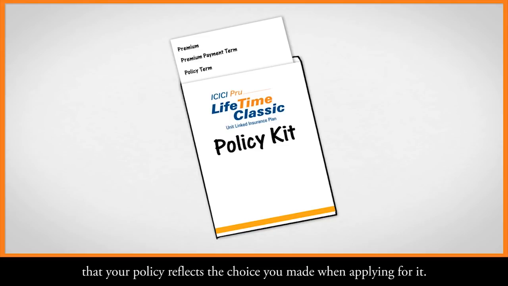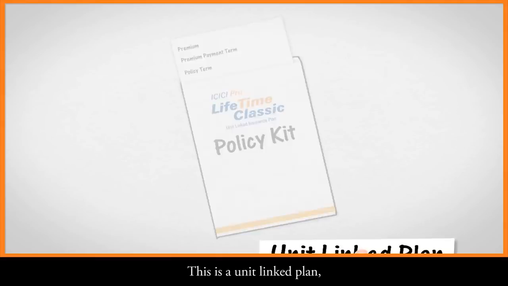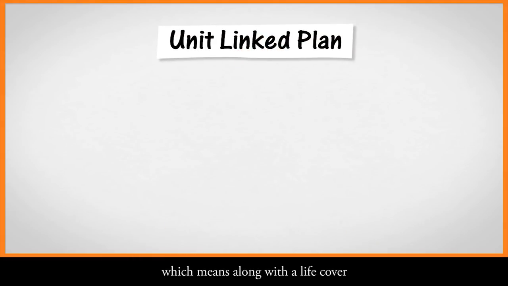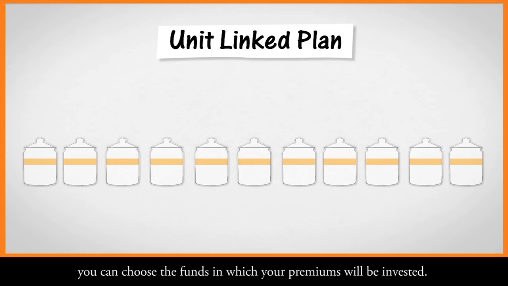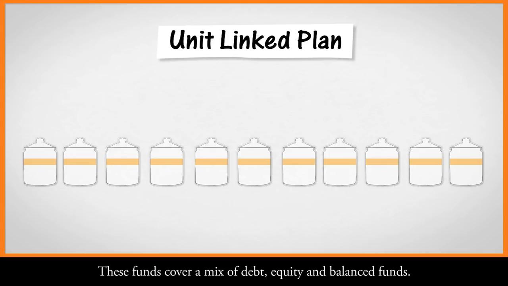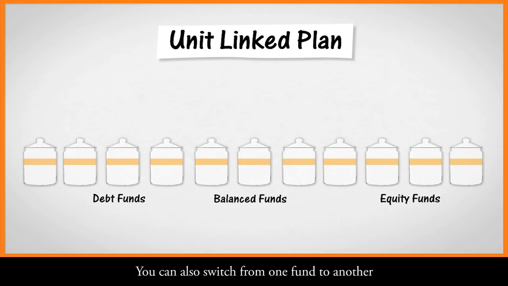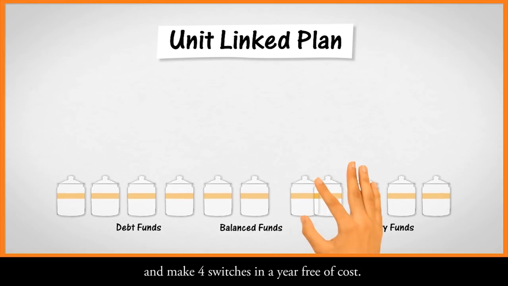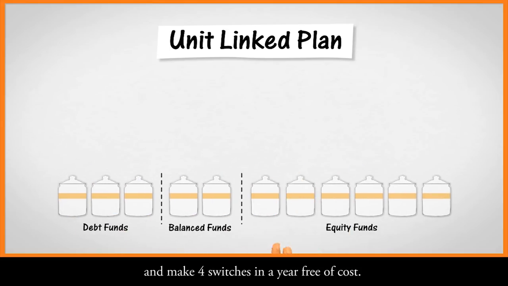This is a unit-linked plan, which means, along with the life cover, you can choose the funds in which your premiums will be invested. These funds cover a mix of debt, equity, and balanced funds. You can also switch from one fund to another and make 4 switches in a year free of cost.